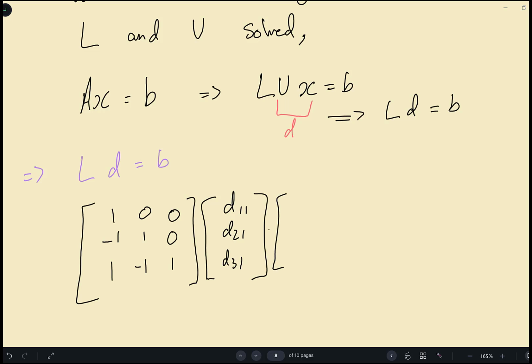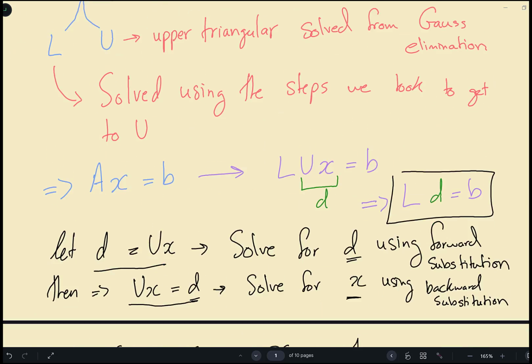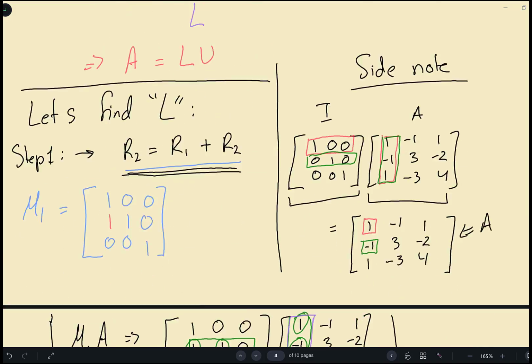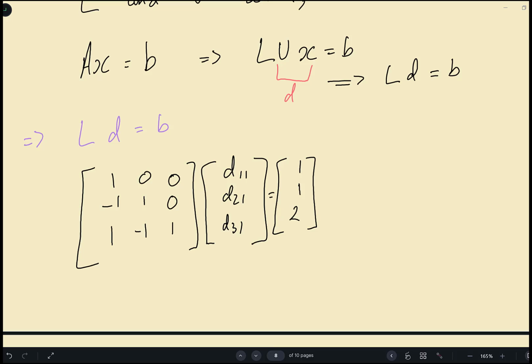And the b matrix is what this is equal to, which is 1, 1, and 2 in this given problem. This goes back all the way to the beginning, where we have the 1, 1, and 2, and that's where the b matrix comes from. So this is the b, this is the d, and this is our lower triangular matrix.